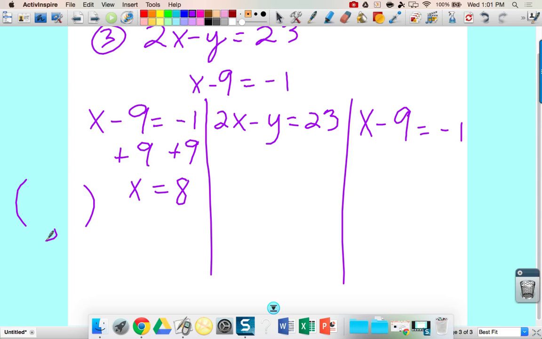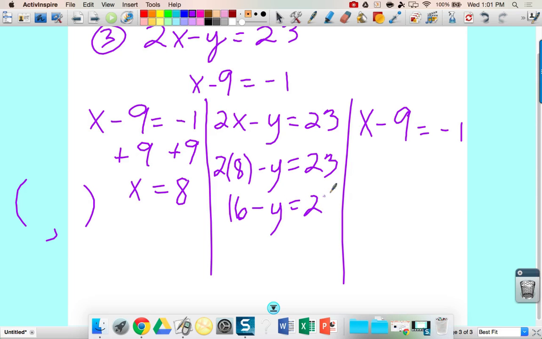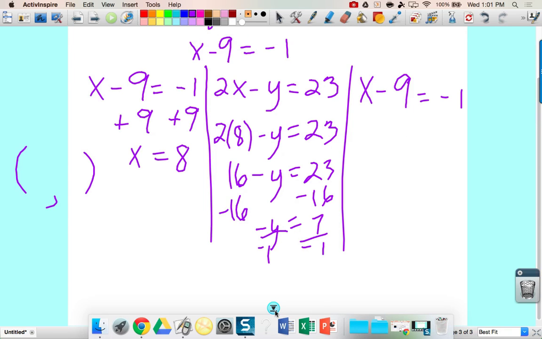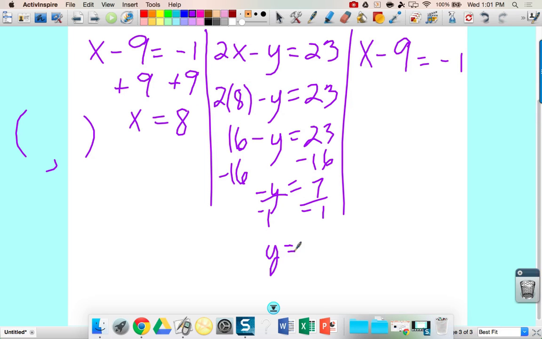Yeah. So when I first did this, I plugged in the 8 here and I solved for y. So y equals negative 7, and then I get here and I'm like, there's no y.